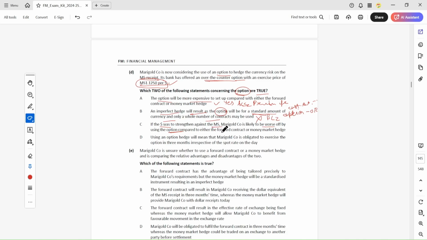And compared to a forward exchange contract, there is no premium. So if we exercise and the spot rate is already high, we have to pay the premium as well. In case of a forward contract, we don't have to pay the premium. So this makes our position worse off. Okay, so this is correct.